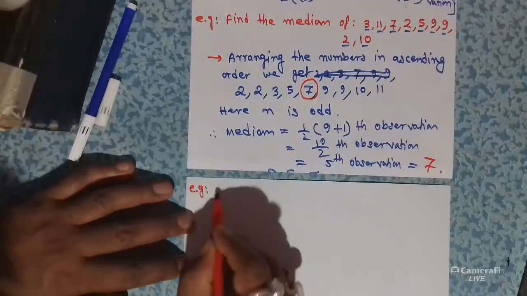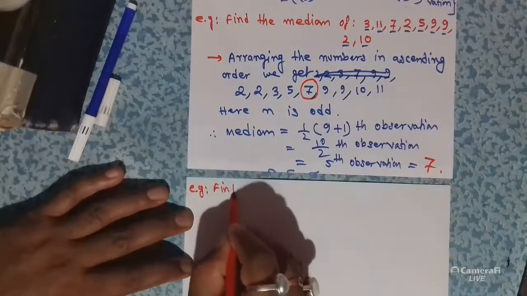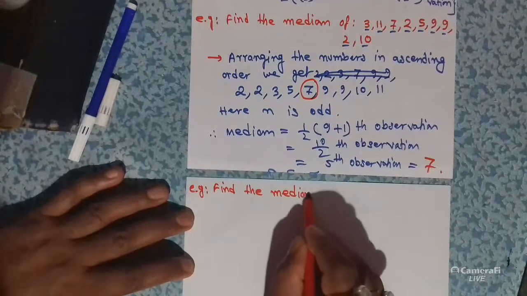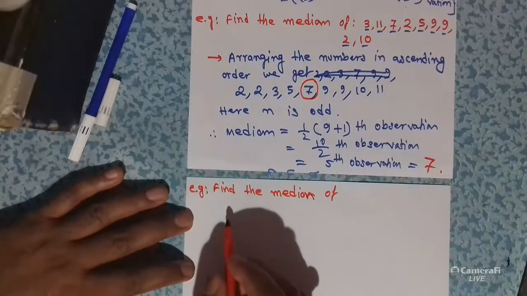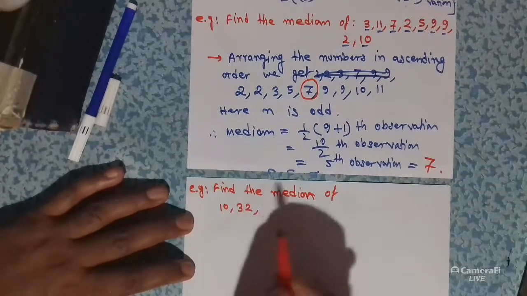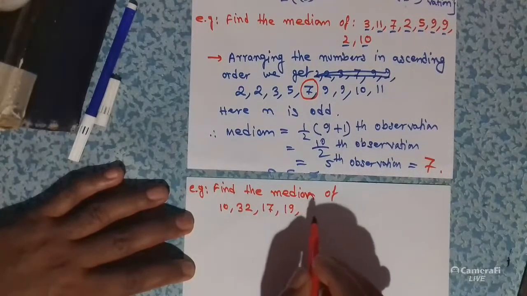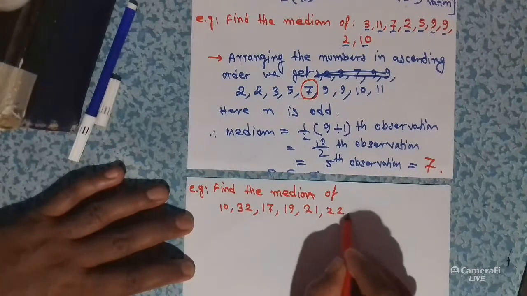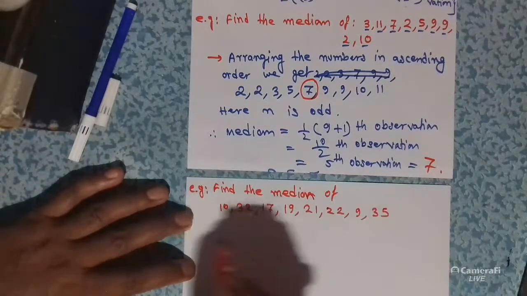Example: the next example is, find the median of 10, 32, 17, 19, 21, 22, 9 and 35.